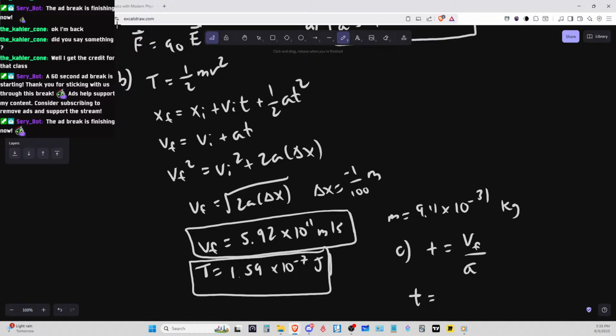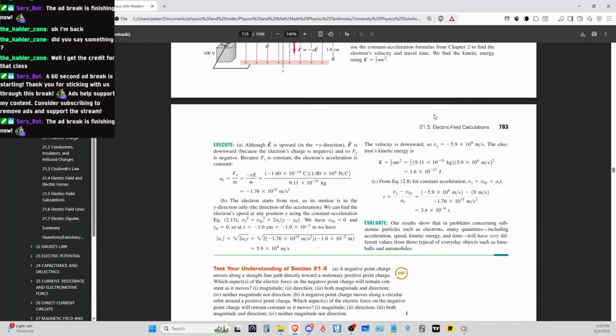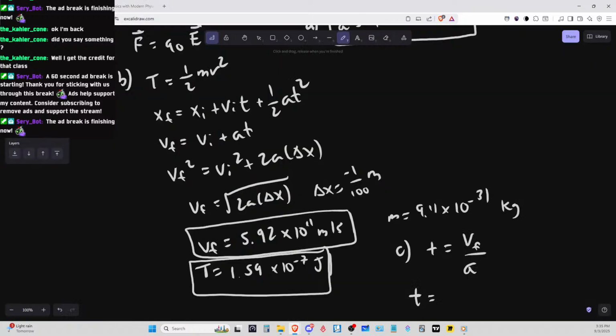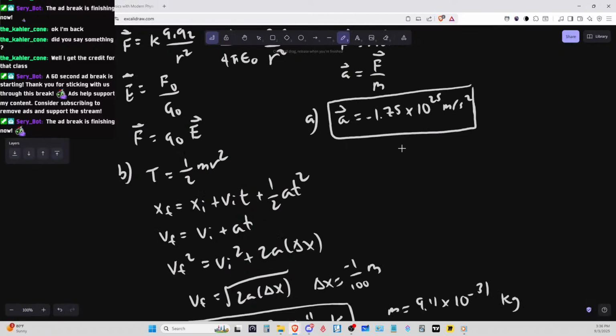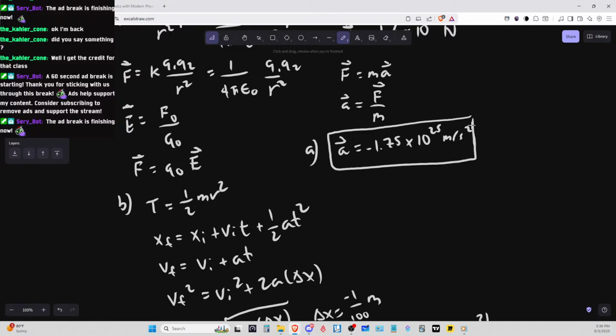Let's see if we got B right first before we go into C. So for B, whoa, the magnitude is way off. What did I do wrong? Wait, 10 to the 15th. Why is this 10 to the 25?